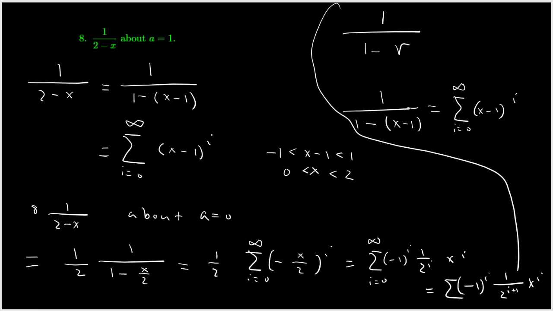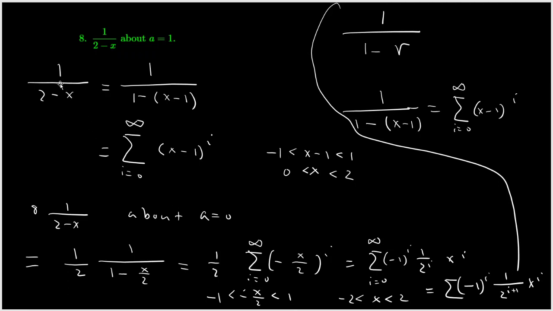Of course, for this one, you also have to specify the interval of convergence. The first step is true when negative half of x is in between negative 1 and 1, and that's the same thing as x being in between negative 2 and 2. I think we have seen that before.